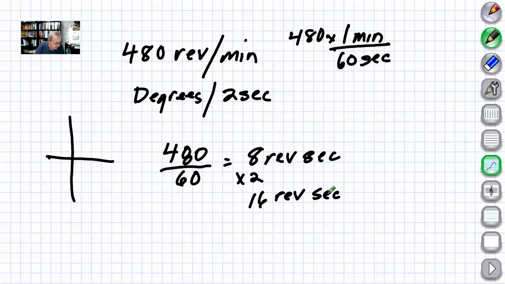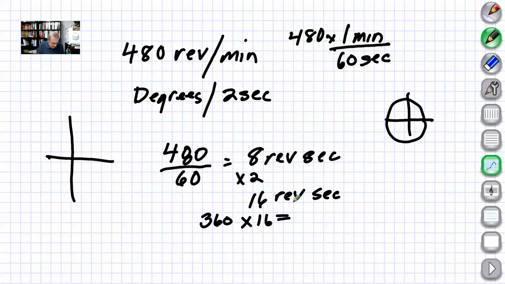Okay, well that's great, but we still don't know how many degrees that is. Well, 1 revolution is how many degrees? If it turns 1 complete revolution from here all the way around, it's turning 360 degrees. So we're going to multiply 360 times these 16 revolutions, and that should turn you to degrees.